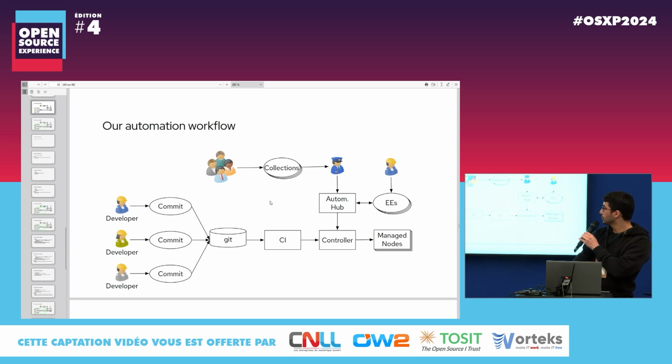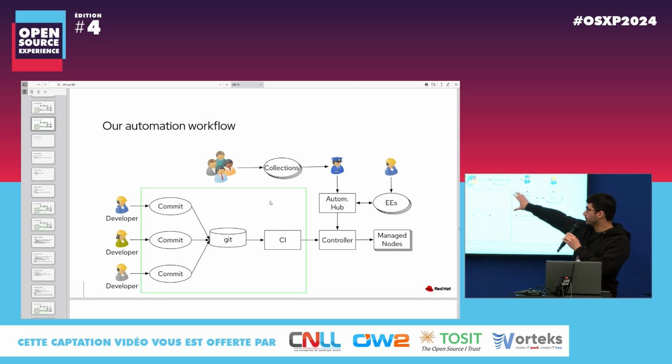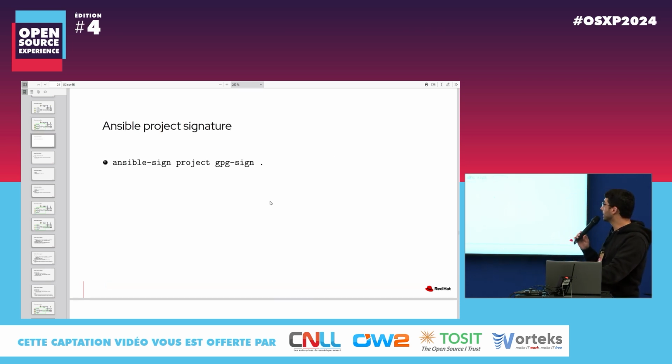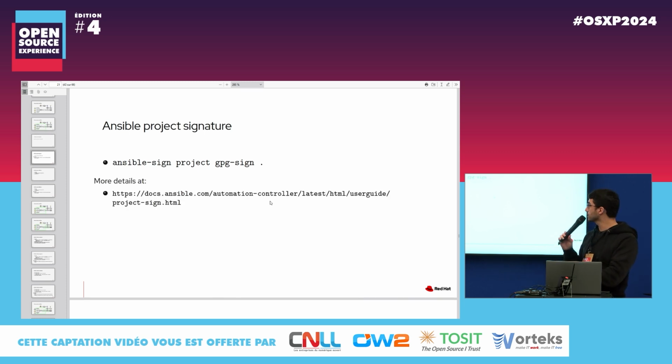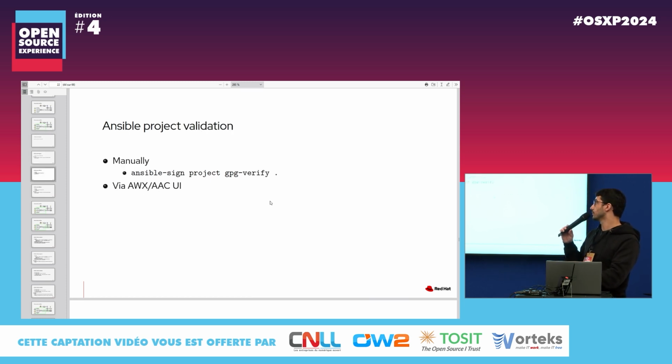And if you do this, you can secure basically this part in this green box, because you have the assurance that whatever got committed is actually what you are getting into the CI if you are doing the validation in the CI phase. The second thing that you can do is sign Ansible projects, and also obviously validate them.